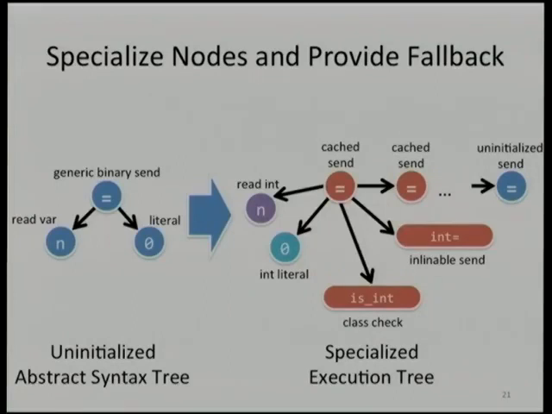And that generic binary send converted into a cached send, with a couple of extra nodes. So the class check is an extra node, and then here's actually an inlineable send, because often you get much better performance if you inline a method, because then you can specialize it in the calling context.